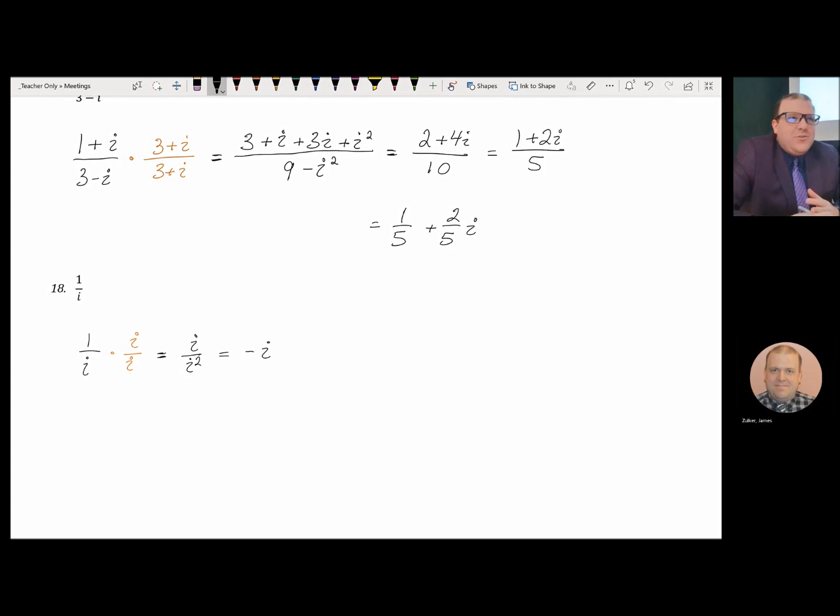So the pattern works in reverse if you start to decrease the powers of i, right? i to the 0 is positive 1. Then i to the minus 1 would be negative i. i to the minus 2 would be negative 1.